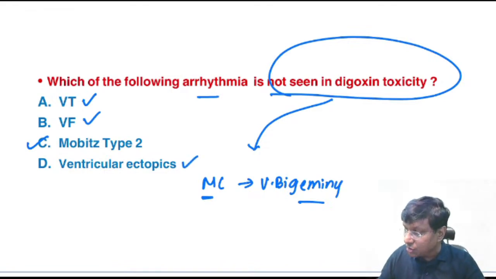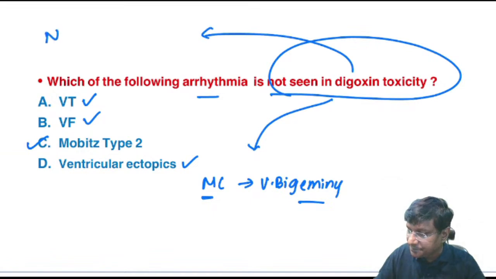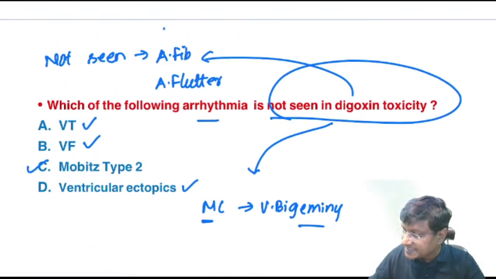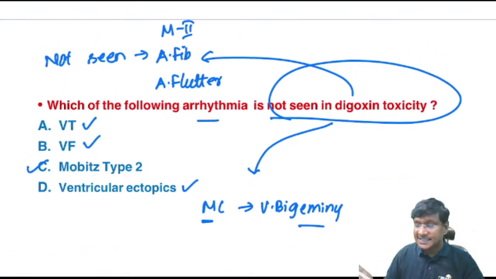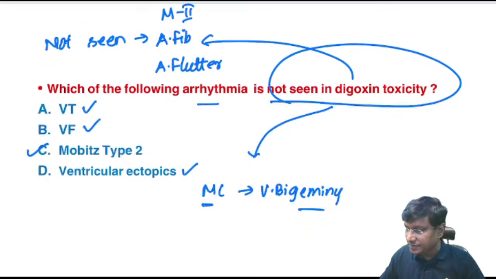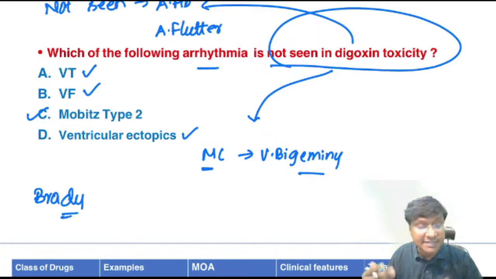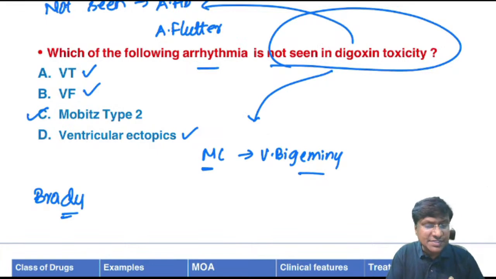The arrhythmias not seen with digoxin toxicity are atrial fibrillation, atrial flutter and Mobitz type 2 AV block. Digoxin toxicity can also cause bradyarrhythmias, causing complete heart block, right. Now this particular digoxin comes under which group of drug?